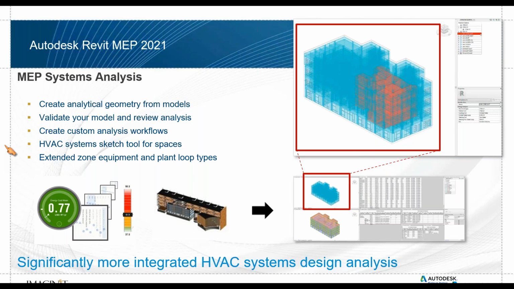Once a system and zones are defined, the analytical model can then be tested and analyzed. Before, you were waiting for the architect to provide a model, but now, even if the architect's model is not complete, you can sketch out your own zones, place your preliminary equipment, and define your system so that you can run analysis.